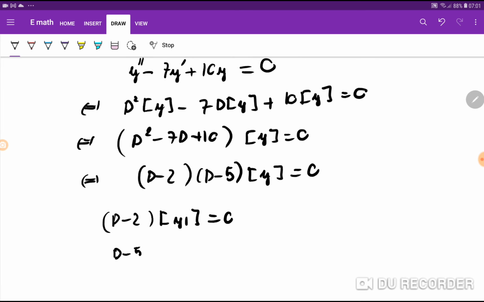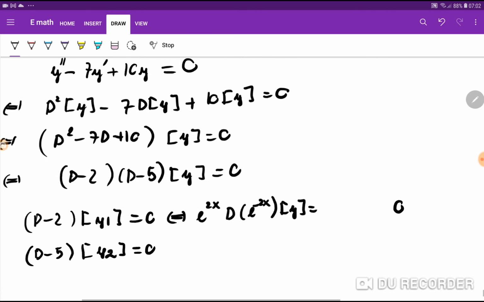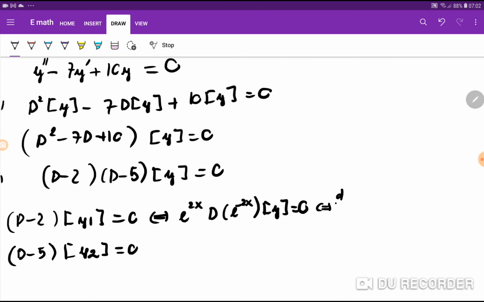You gotta solve for these separately. What do you get here? You get y1 equal to e to the power 2x. So you got e to the power 2x times d of e to the power negative 2x y equals 0. So you got d/dx of e to the power negative 2x y equals 0.